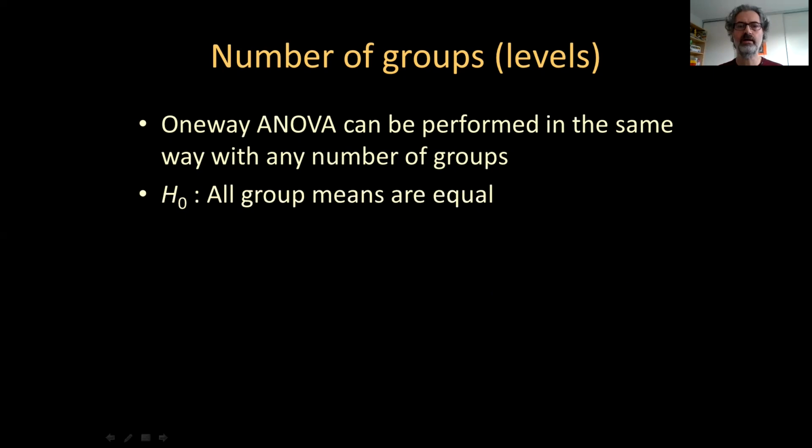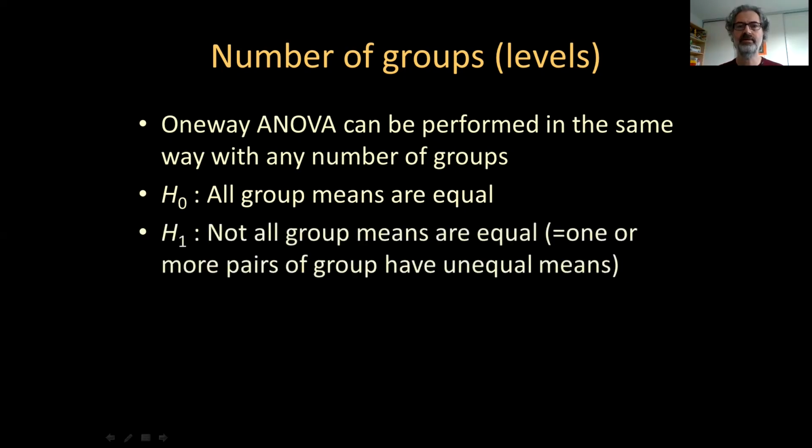All group means are equal to each other and to the grand mean. That's the null hypothesis. Thus, the alternative hypothesis is that not all group means are equal. If there's only two groups, the alternative hypothesis is that the two groups have different means.